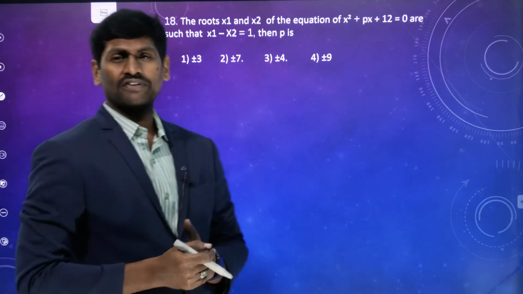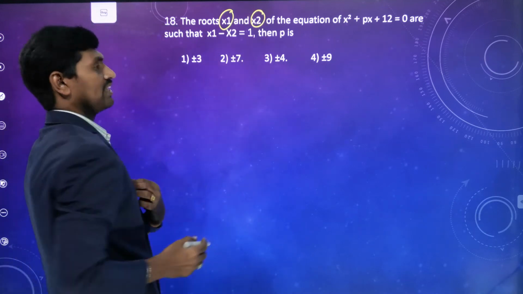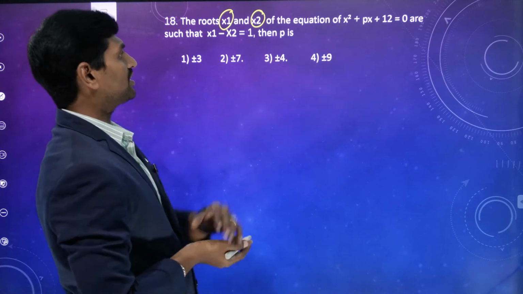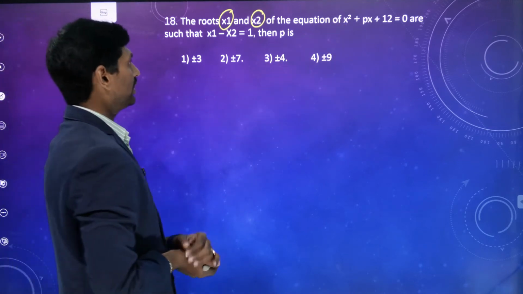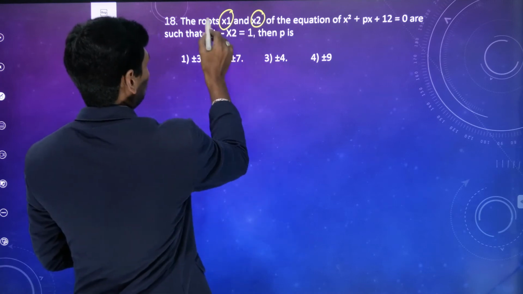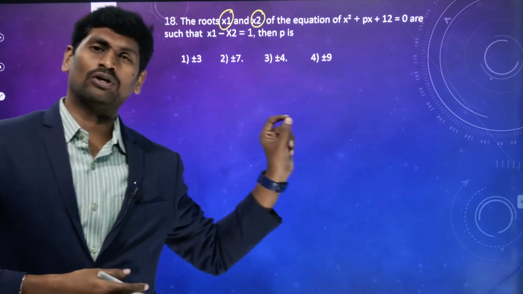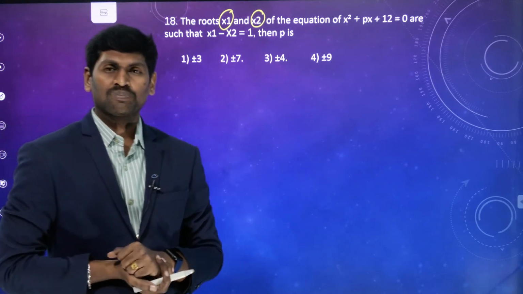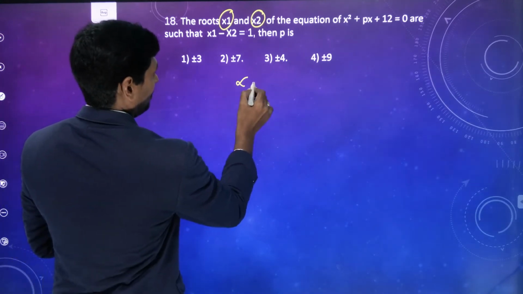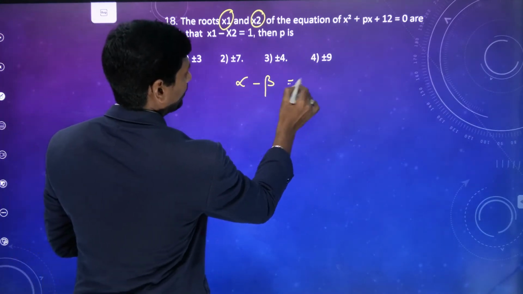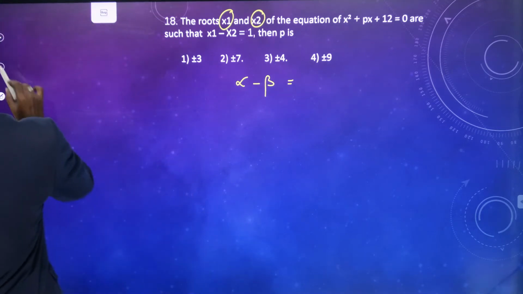Okay, x1 and x2 are the roots. Two numbers are there: x1 is the first number, x2 is the second number of this equation, such that x1 minus x2 equals 1. So in the place of x1, x2, let us think about alpha, beta. Then what is the alpha minus beta formula? We just discussed that.